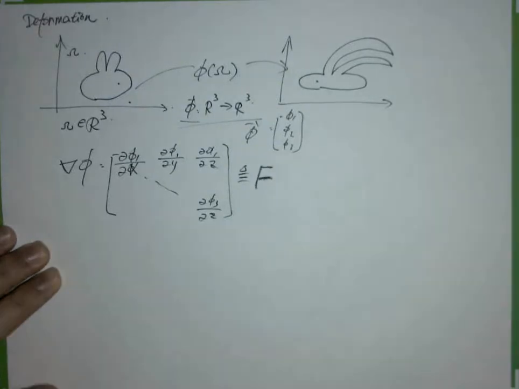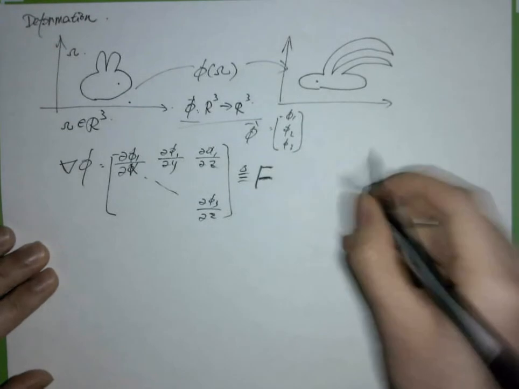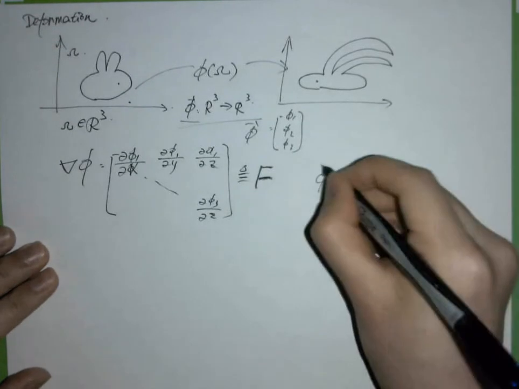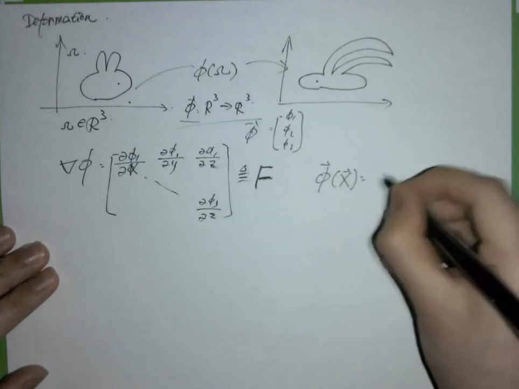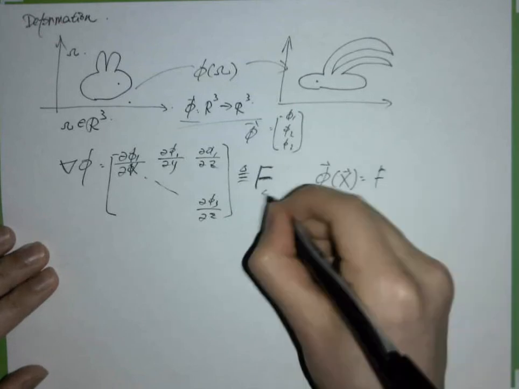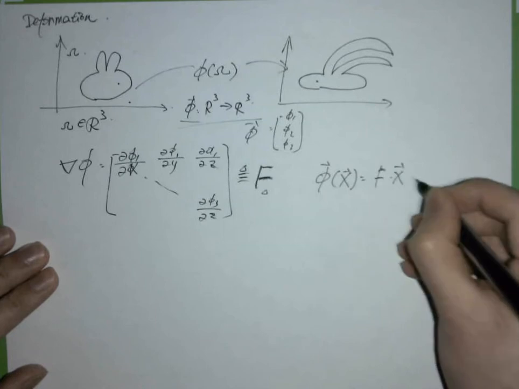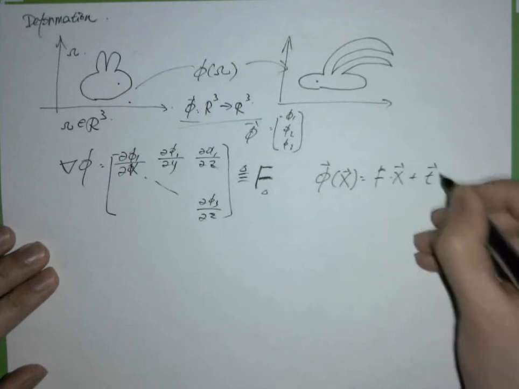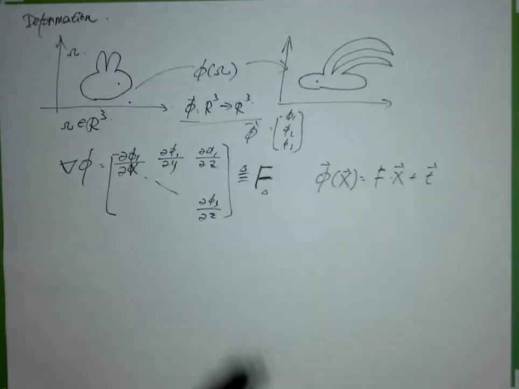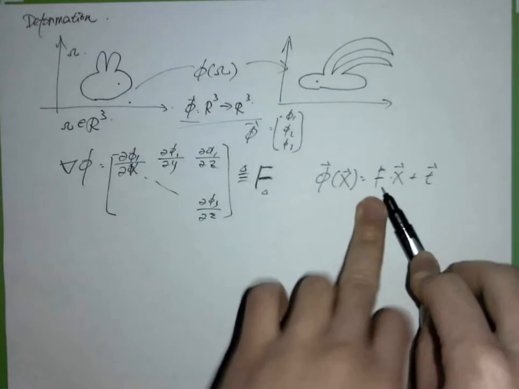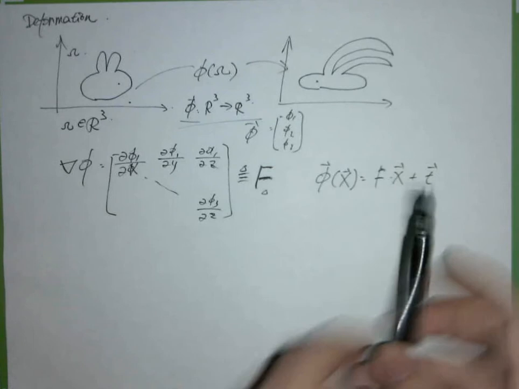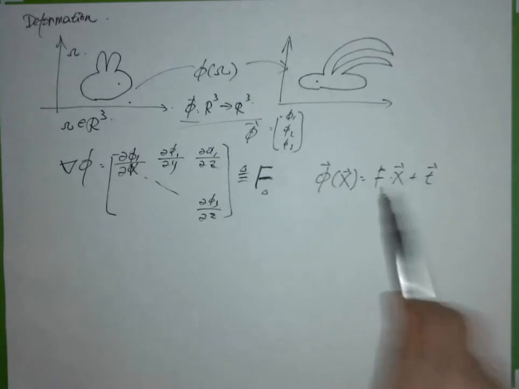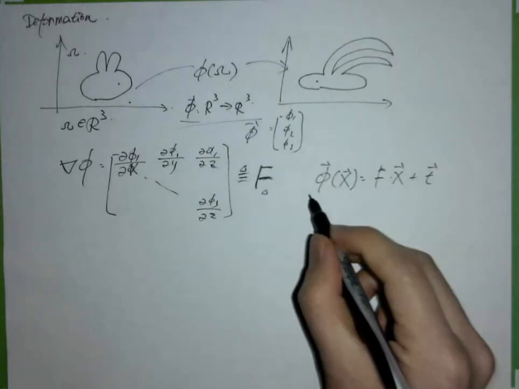In that case, I can represent an arbitrary transformation function phi of x as F times x, where F is a 3 by 3 matrix, plus some translation vector t. Because we know that all the rotation and scaling matrices are basically linear operators, the entire phi is an affine transformation.